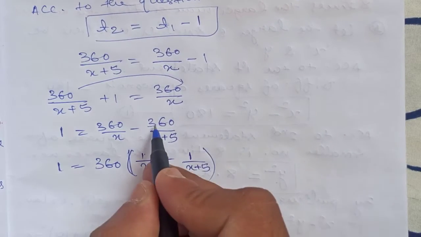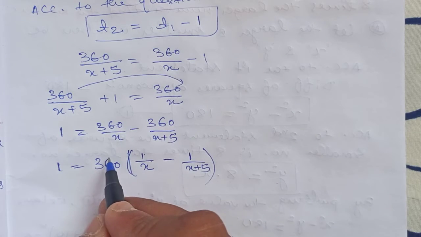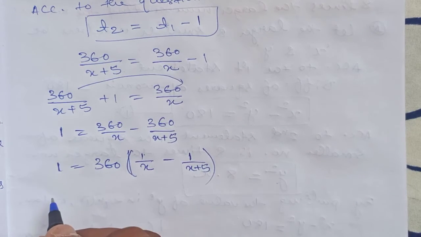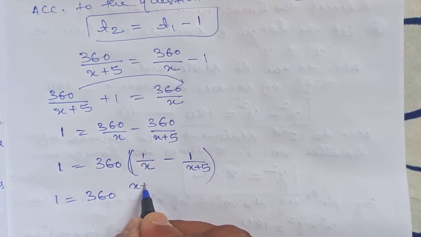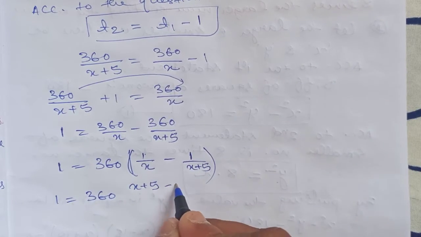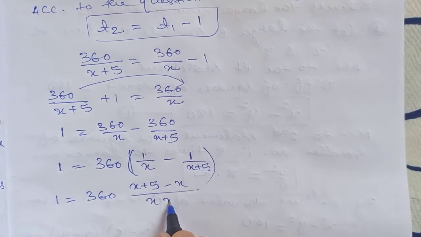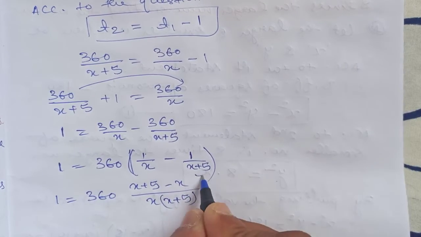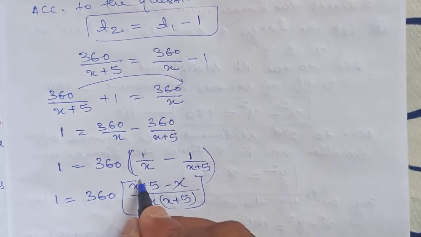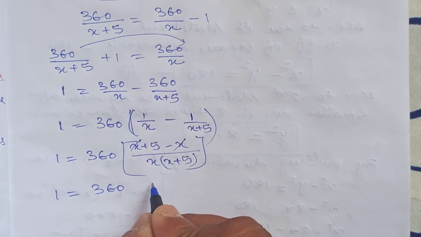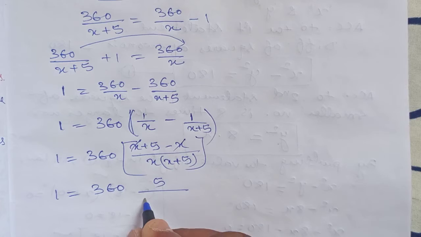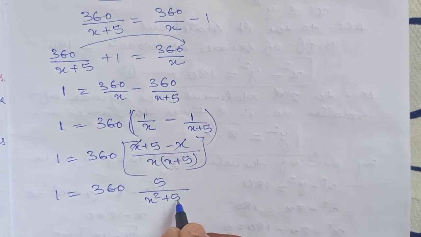Now cross multiply, you will get 1 equals 360 into x plus 5 minus x, divided by x into x plus 5. Cancel x and x, we will get 1 equals 360 into 5 by x square plus 5x.